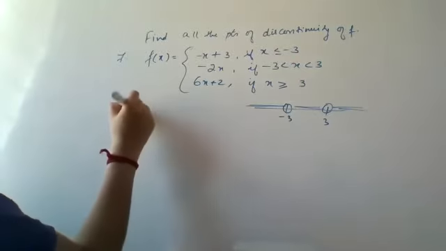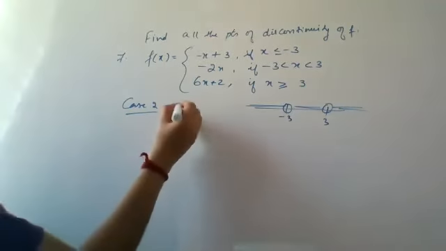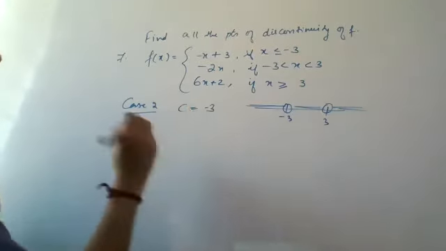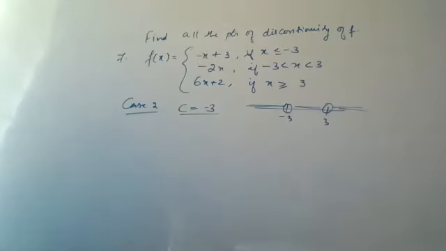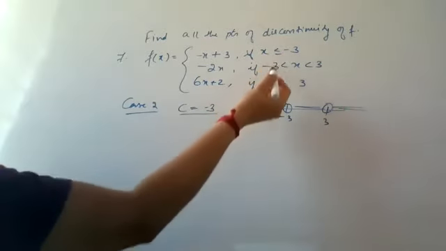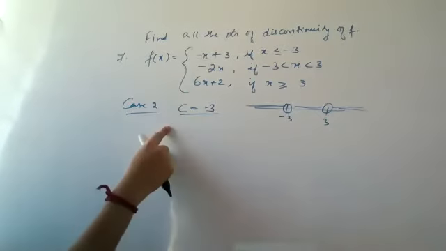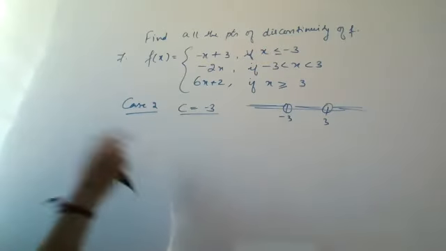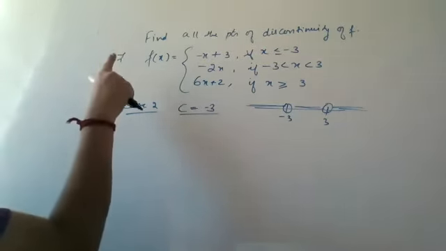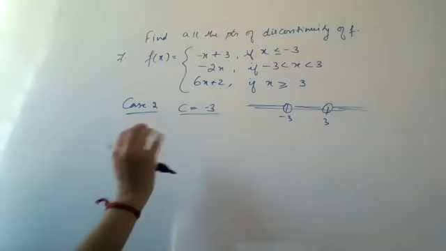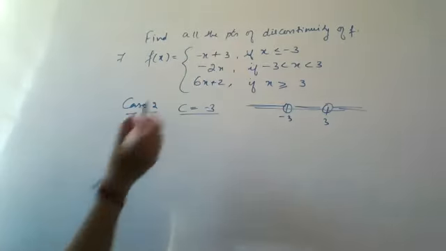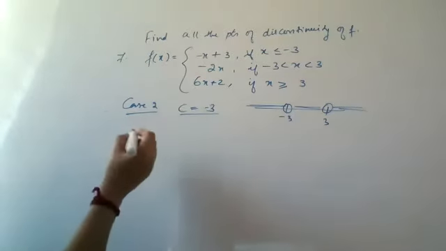So case 2 is when your C is minus 3. Since the function is varying its value here, you have to check at the point, left and right. But for the other case, you only have that limit, because it is only having one function. Here 2 functions will come, so you have to take left and right separately.